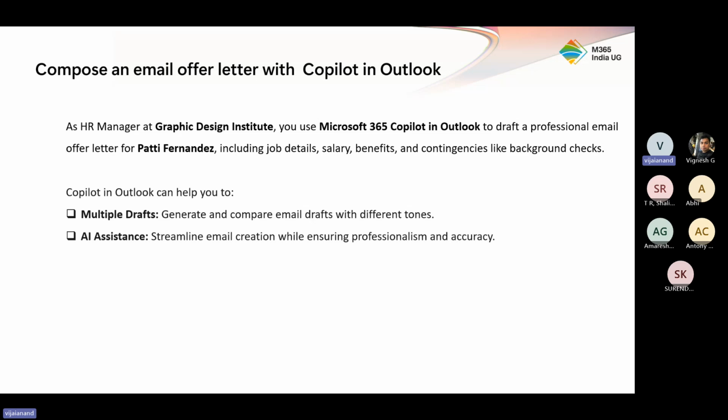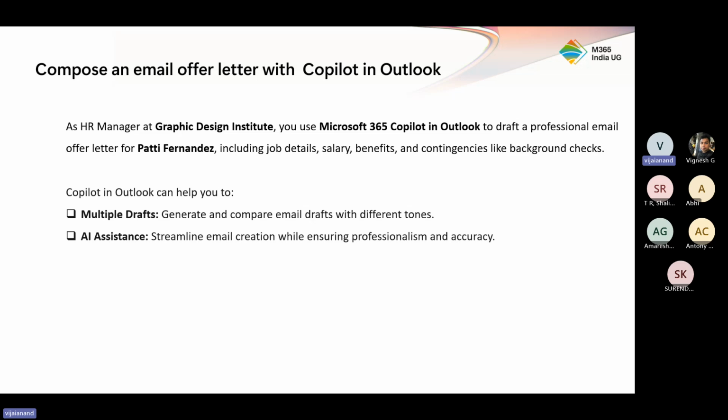You can make use of Copilot. You can ask Copilot to draft the email in Outlook, then review it and make any necessary changes. You can also attach the offer letter, or any policy documents that are available, and then send it.